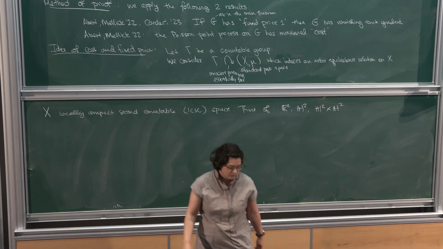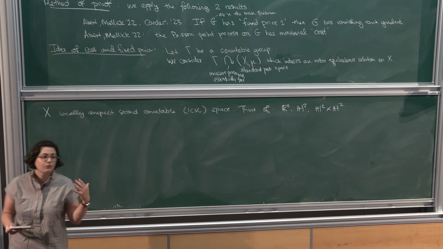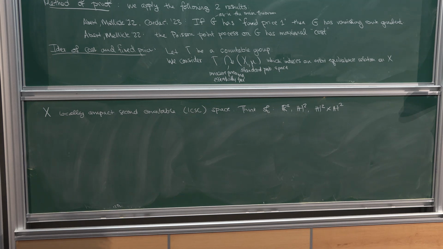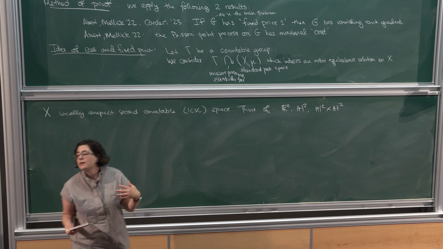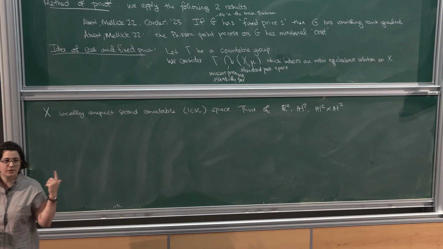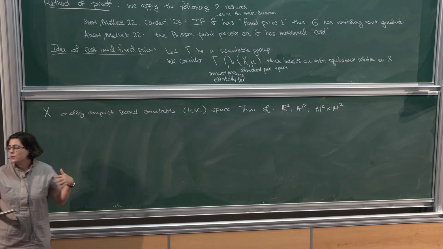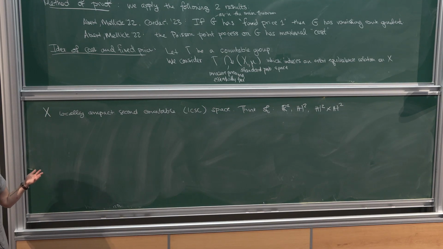These are my favorite examples to think of. Informally, the Poisson point process on X is a random scattering of points, discrete points, in a non-discrete space. And if you have an action on X, you also have an action on the Poisson point process.